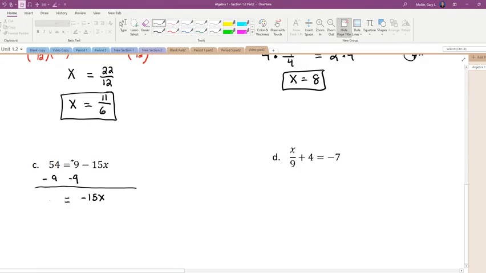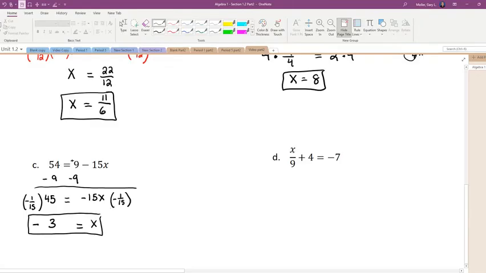So minus 9 would be one more, so that would be 45. And now I'm going to multiply by negative 1/15. And I get x equals a negative number. And then I have 45 divided by 15, which is going to be, I believe, 3. So I get x equals negative 3.